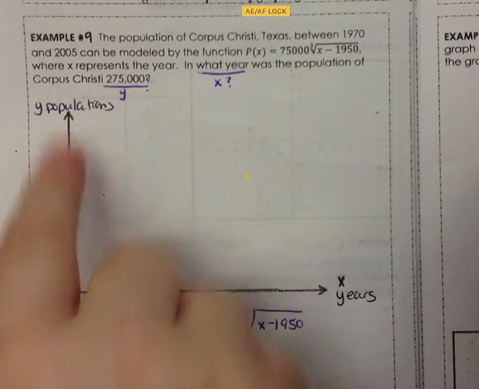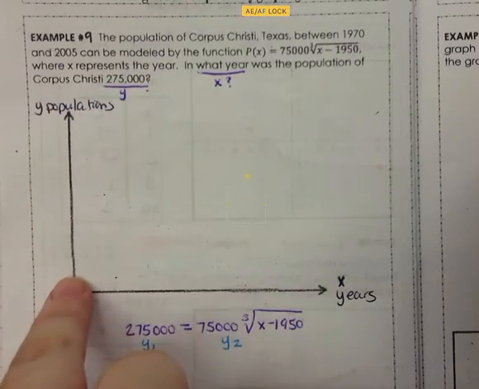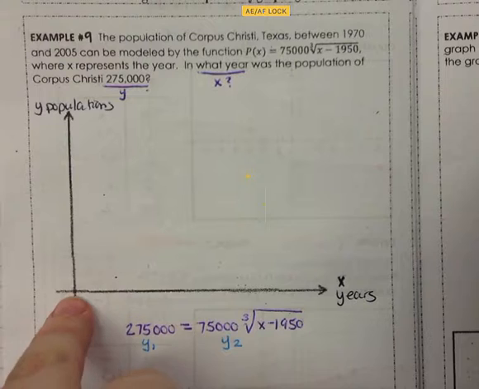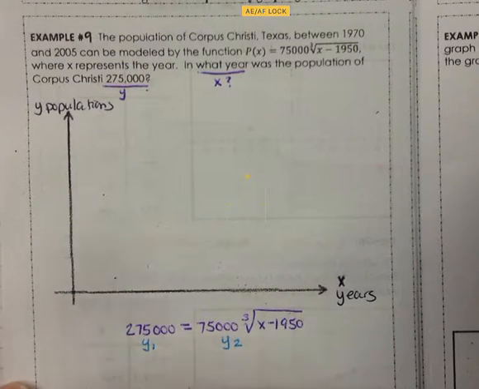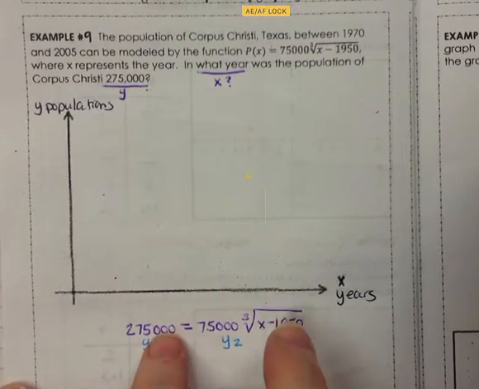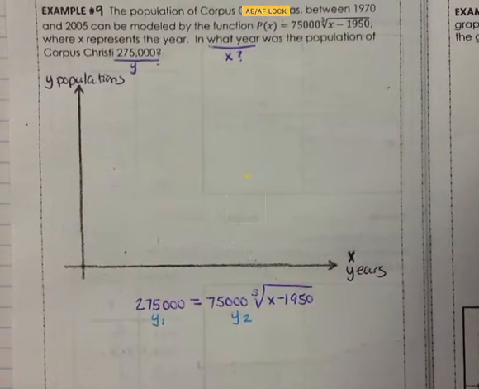Then we also can't have a negative population. Population can go down to 0, but it can't go into the negatives because you can't have negative population. So that's why we only need to focus on quadrant 1, because none of the other information would make sense. So when we graph this, we need to make sure we have a correct window to only focus on this information.